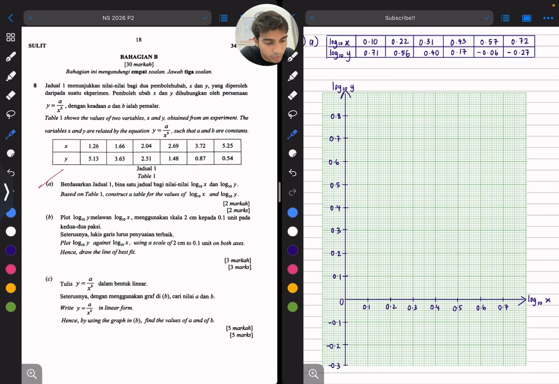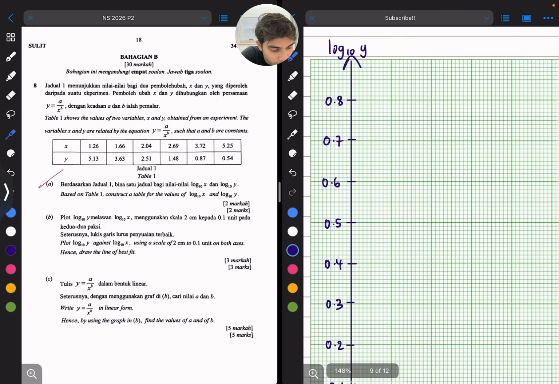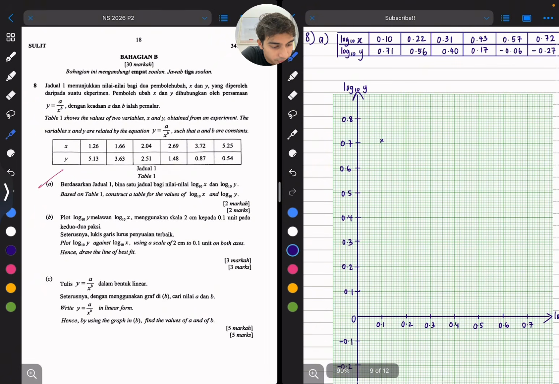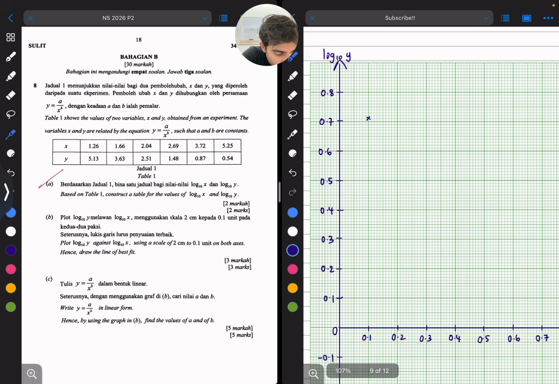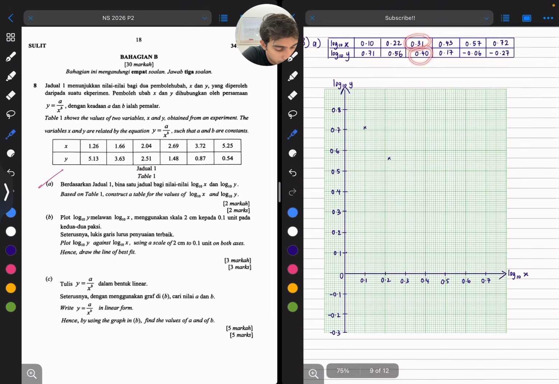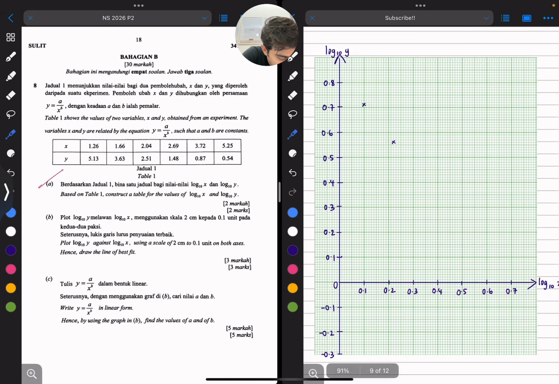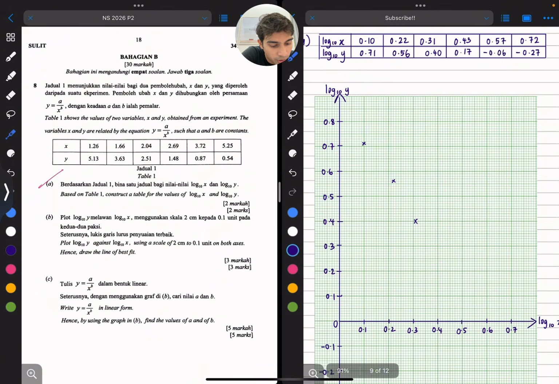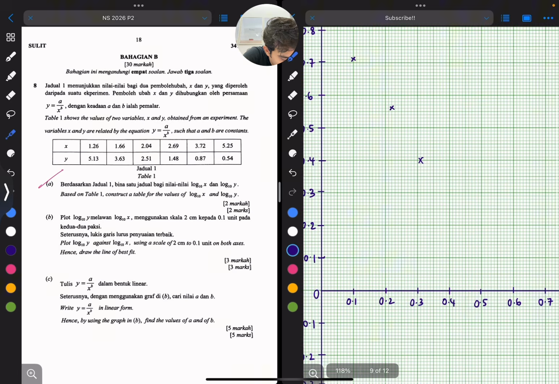So x is 0.1, y is 0.71, here. 0.22, 0.56 here, and then 0.31, 0.4 here, 0.43, 0.17 here.